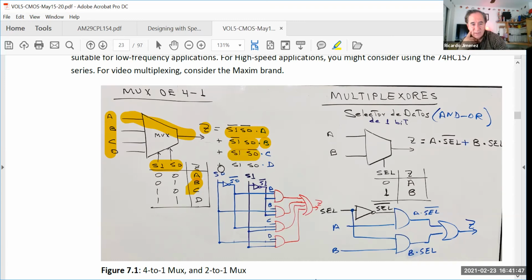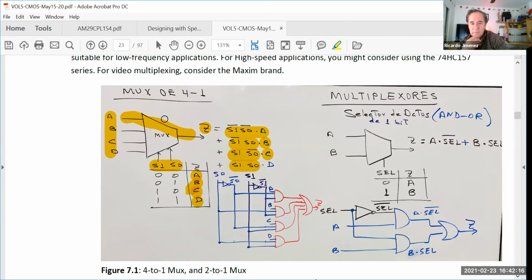Now, when you have not S0 and S1, you will get channel C. And when both channel selectors S0 and S1 are 1s, you will have channel D at the output. So only 1 channel at a time, not 2. Only 1 can be selected.